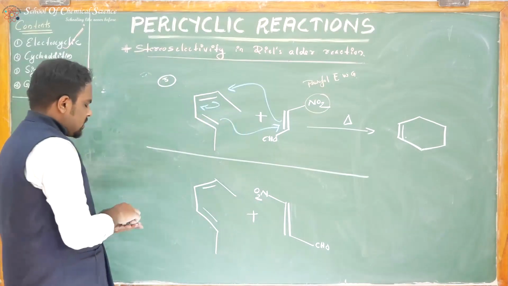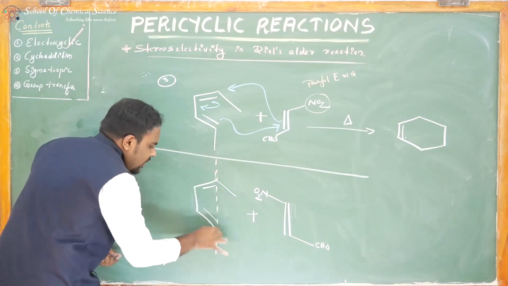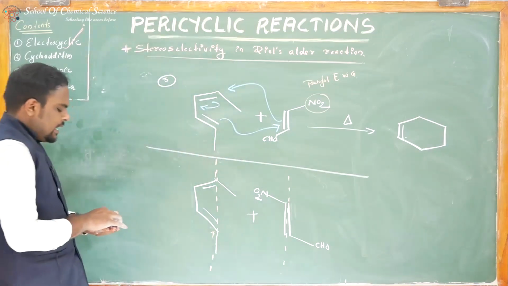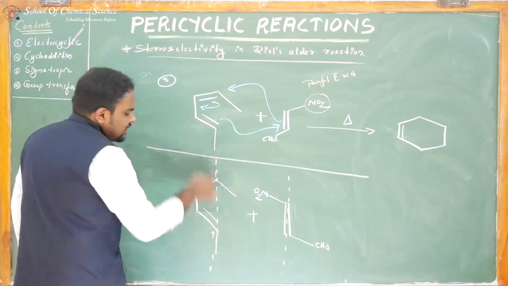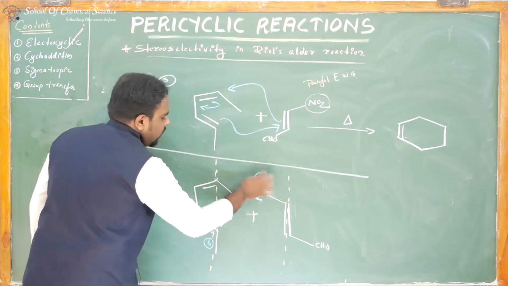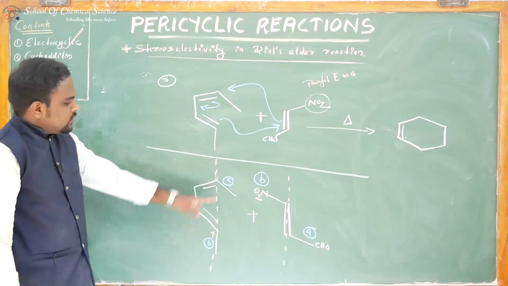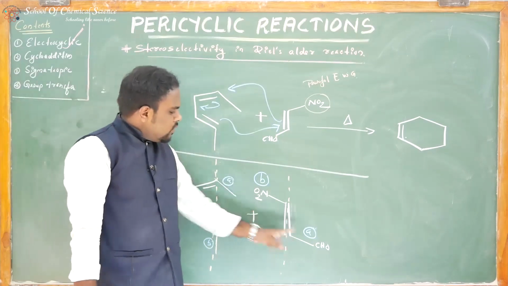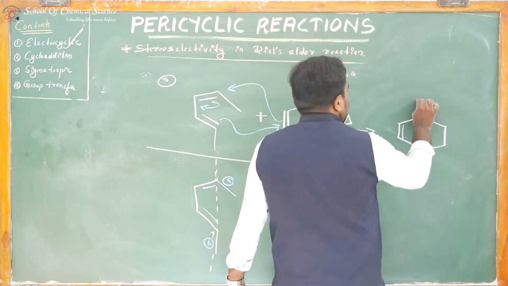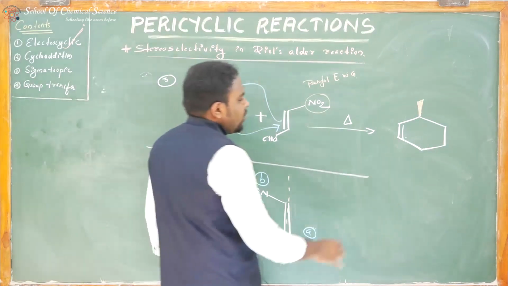Then you can predict the stereochemistry between carbon number 1 and 4. Draw a line between carbon 1 and 2. Those substituents on the left side are below, and those on the right side are above. Then mark the stereochemistry. First methyl group above the plane, second methyl group below the plane.